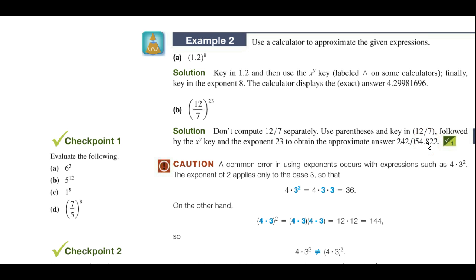Now, keep in mind, and I like the way the textbook does this, they're saying if you have something like this, you do not multiply the 4 times 3 first. That is, you do the exponents first.